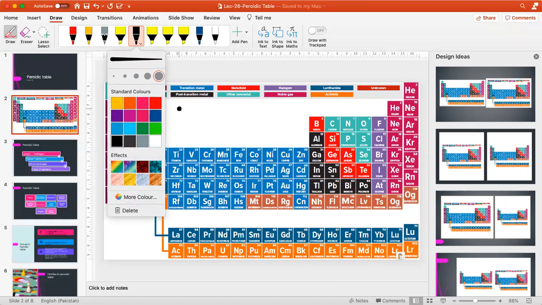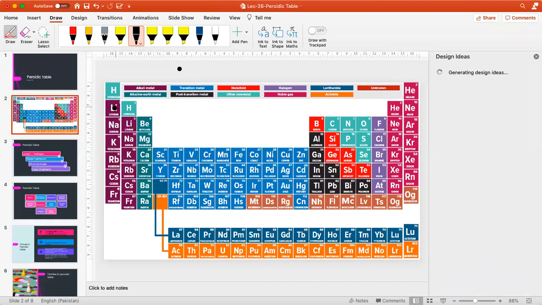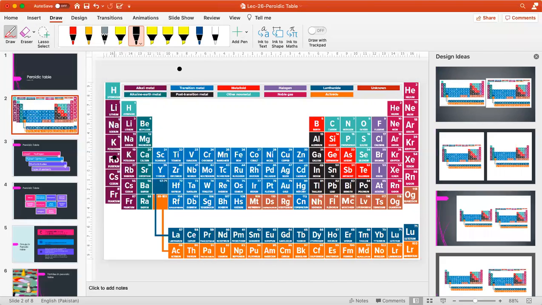Okay, let me have this figure so that you can understand very carefully. This color is the alkali metals. Green is hydrogen, okay? Please don't mix this hydrogen with these colors.